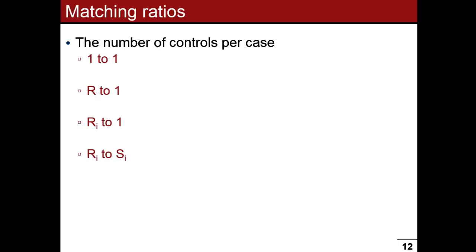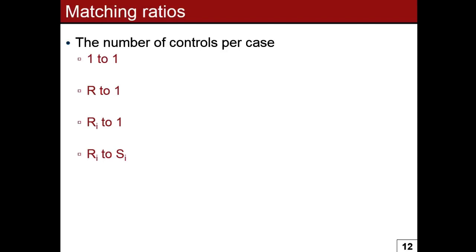You have 15 people sick with X, and you're trying to quickly figure out what is causing X. And so what you may have a lot of at your disposal are controls, right? These 15 people exist in a community, they exist in a hospital, or the church picnic, or whatever epi examples we like using. And you may have more controls available to you to match to those cases.